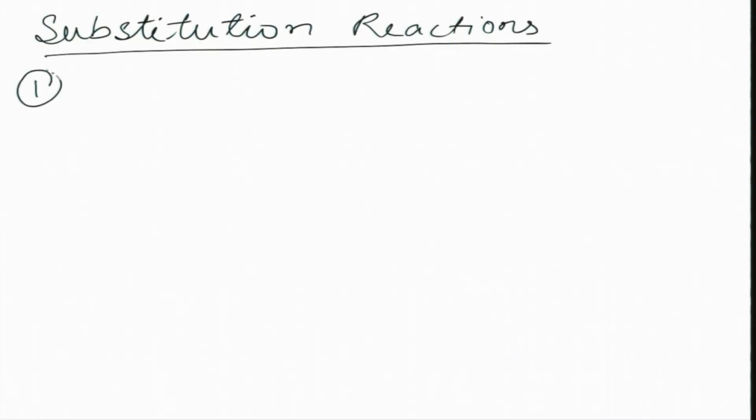So, first of all, we will study about halogenation of alkanes, which undergoes through a free radical mechanism. So, first will be halogenation.